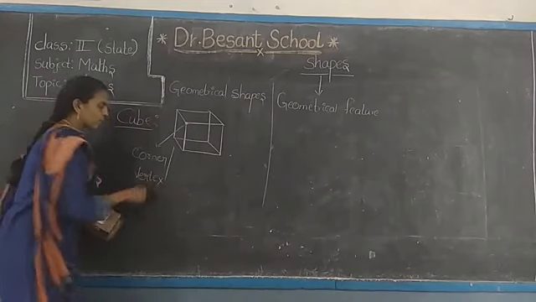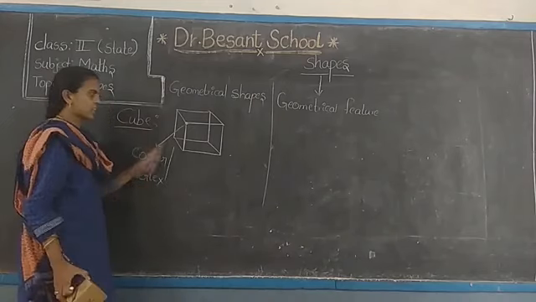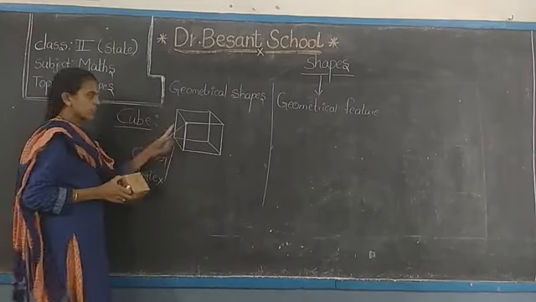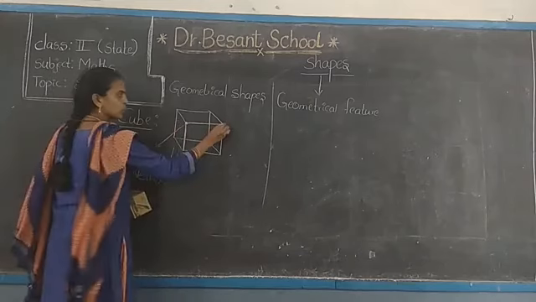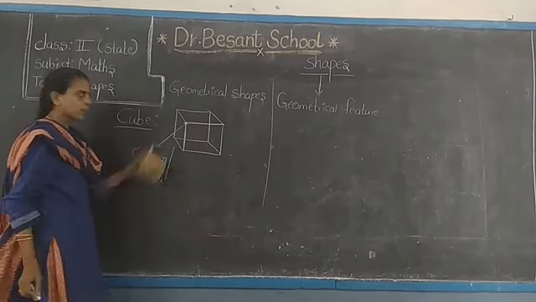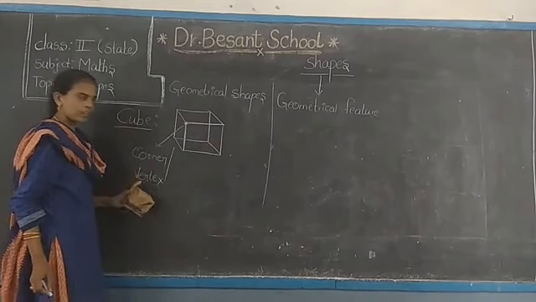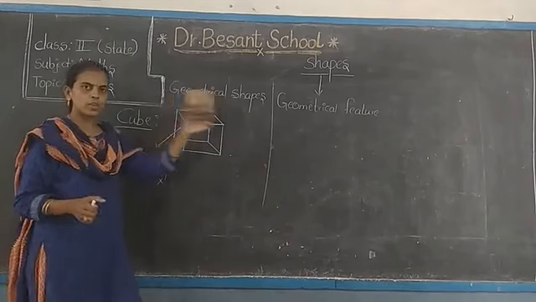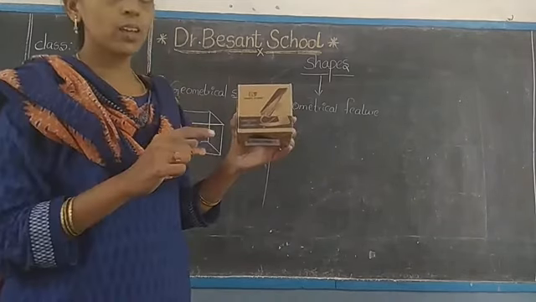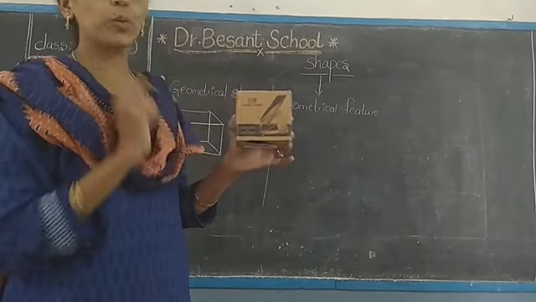What do we call them? We call them a vertex. This is called a corner. That means when two straight lines meet at a point, we call that point a corner or vertex. Now observe here the cube. Now count after me how many corners a cube has.